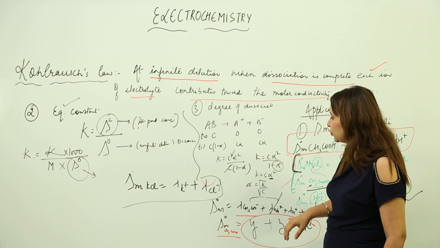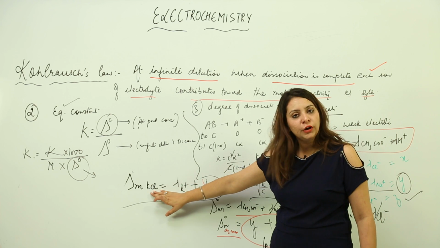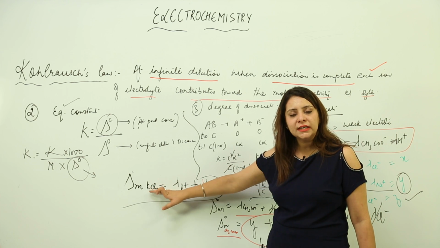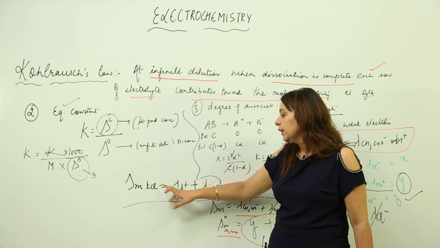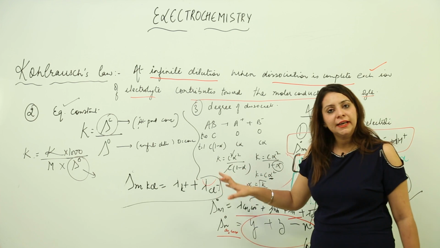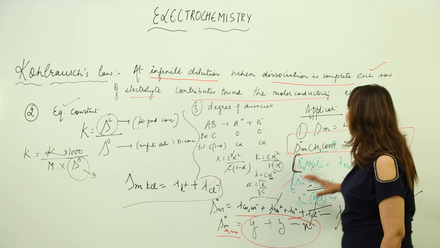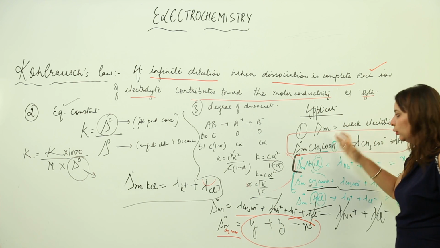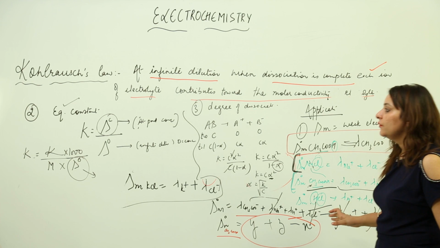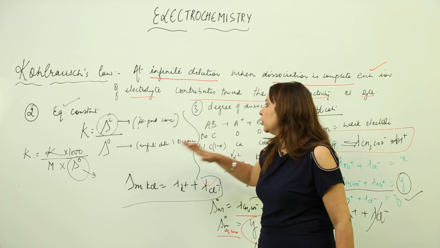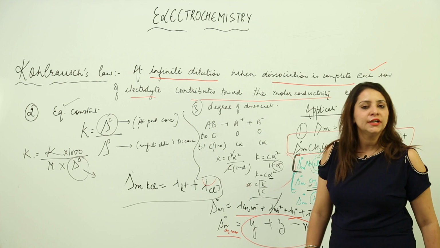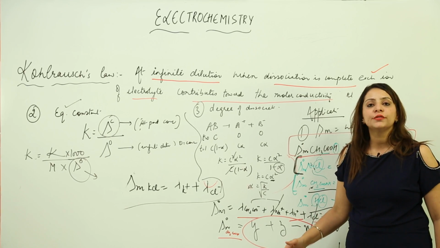So we can write the contribution as I told you, like if we have molar conductivity for KCl, and it is a strong electrolyte, we can write lambda K plus lambda Cl, because both are going to contribute equally in the conductance. So for the applications, we can find the weak electrolyte's molar conductivity, you know how we are going to do it. We can find the equilibrium constant and also the degree of dissociation. So these are the applications of the Kohlrausch law.